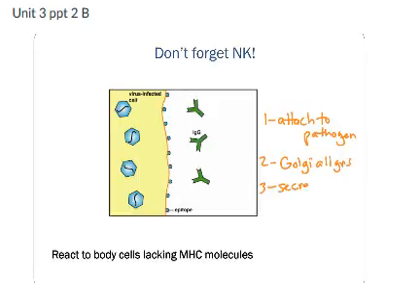Then they secrete perforin, which pokes the membrane and causes our beautiful Mac attack. It does this when the body has cells, we won't talk about MHC, that are non-self. In other words, don't belong in your body, and your immune system picked up on that.